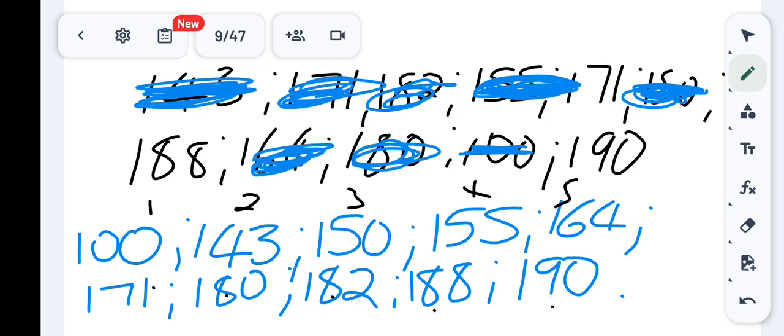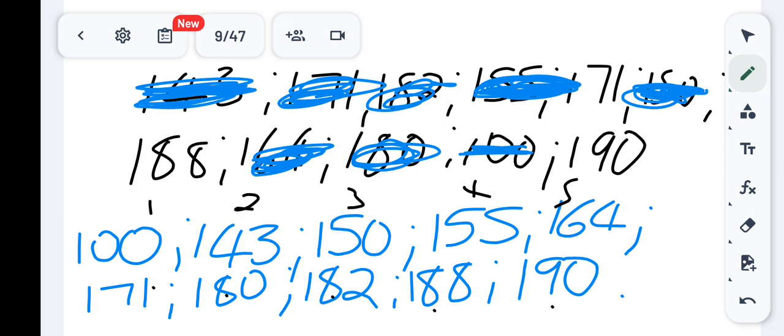Why 10? I thought we had 11. Let me see: 1, 2, 3, 4, 5, 6, 7, 8, 9, 10, 11. Is there anything missing here? 143, 171, 182, 155, 171, 150, 188, 164, 188, 164, 180, 100, and 190.